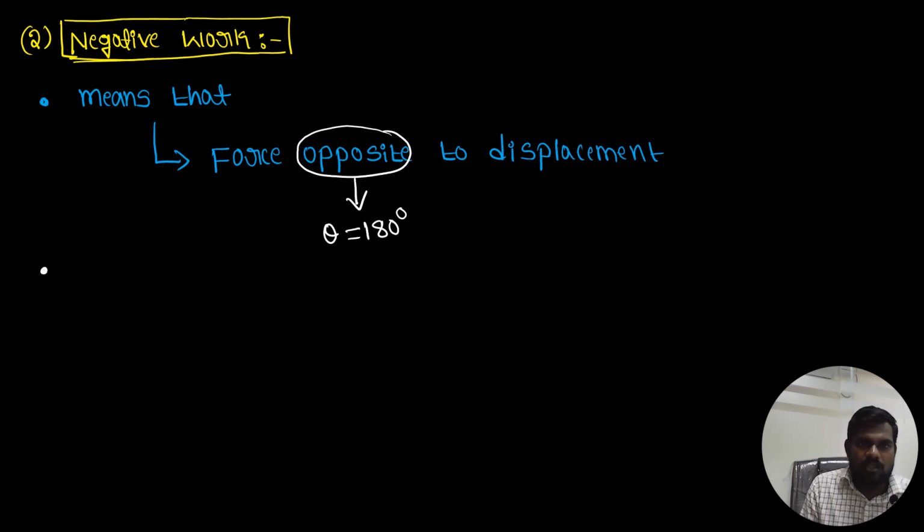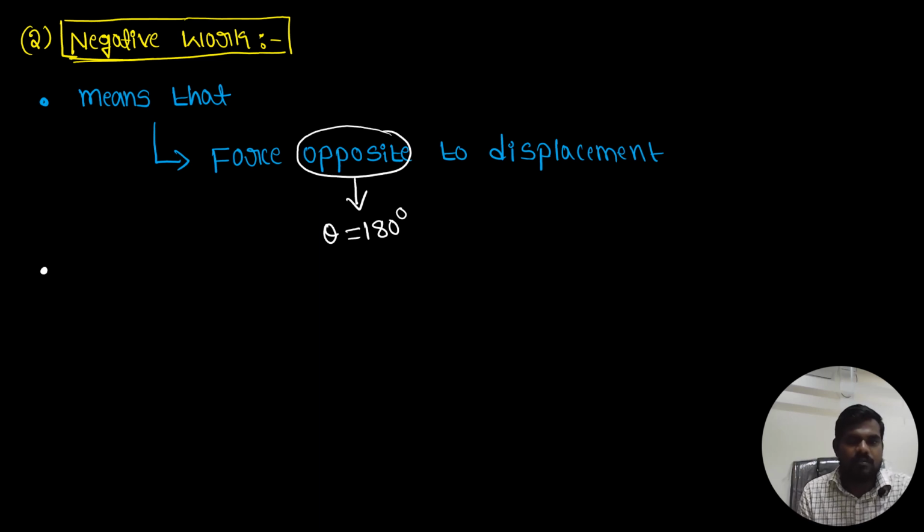So this negative work signifies that the external force opposes the motion of the body. Negative means the force is acting opposite to the motion, maybe the body is getting slowed. That's why it opposes the motion of the body.